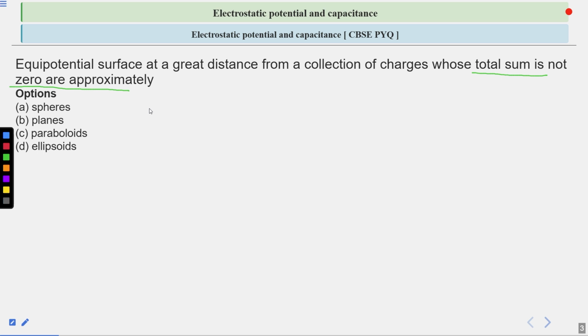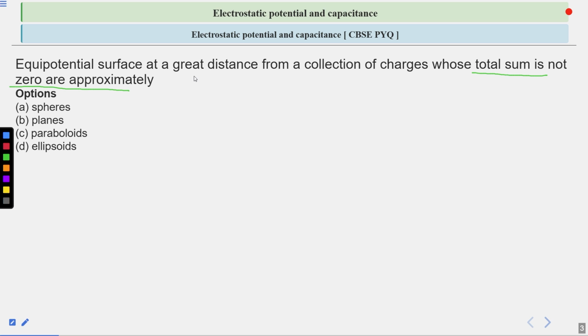There can be positive charges also, there can be negative charges also, but the total sum of all the charges is a non-zero value. Either the net charge is negative or the net charge is positive, but not zero. And the equipotential surface from this collection of charges is at a great distance.